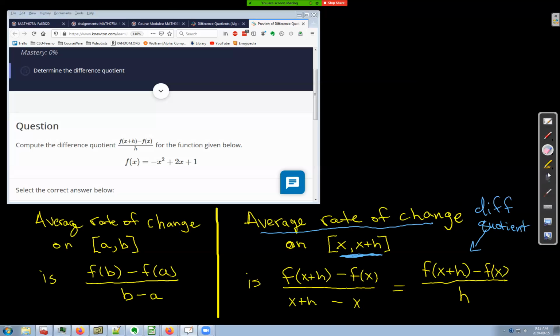If you think back to what we did earlier in the semester, we turned average rate of change into instantaneous rate of change. And how did we do that? What we did was we looked at an interval, and then here was the average rate of change.